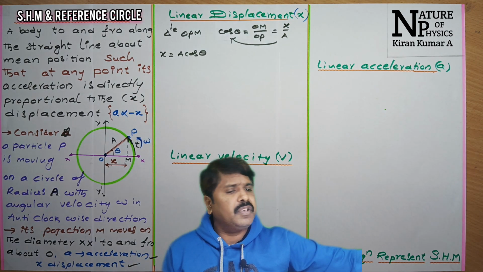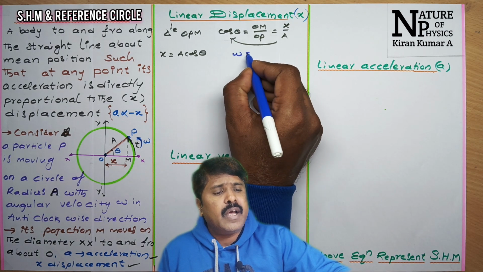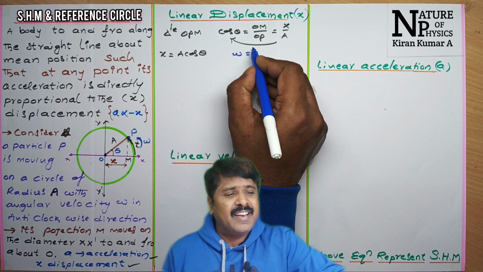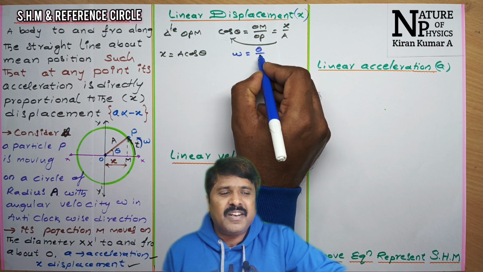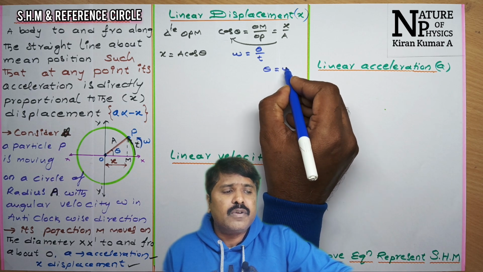Next, omega is the angular velocity, that is, the rate of change of angular displacement is called angular velocity. Omega is equal to theta divided by t. From this equation, the angular displacement theta is equal to omega t.